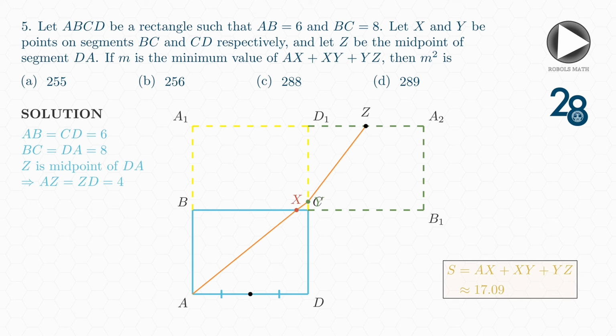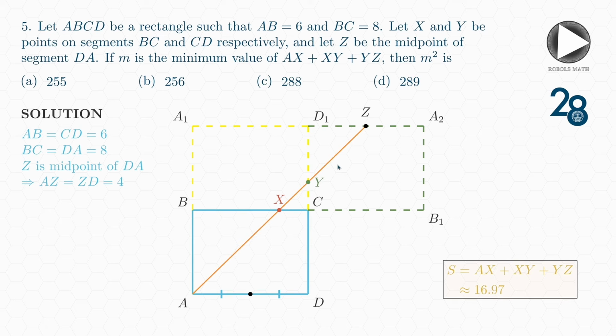So if we trace back our animation earlier, note that this is the smallest value of S that we have gotten, 16.97, which we see happens when this is a straight line.